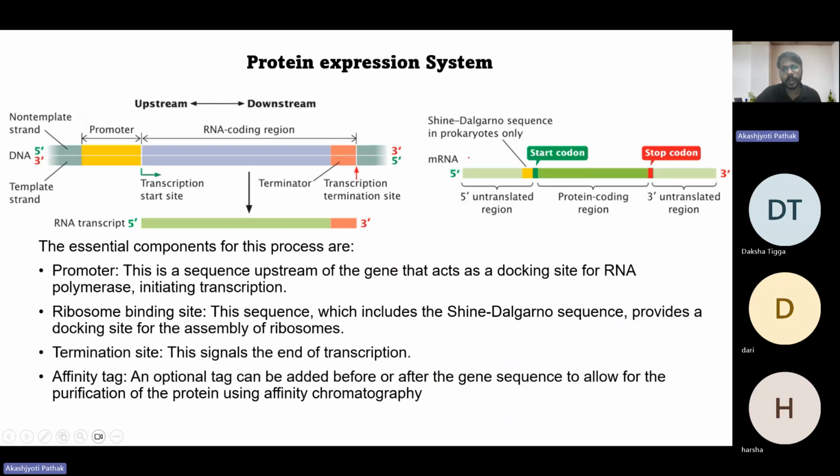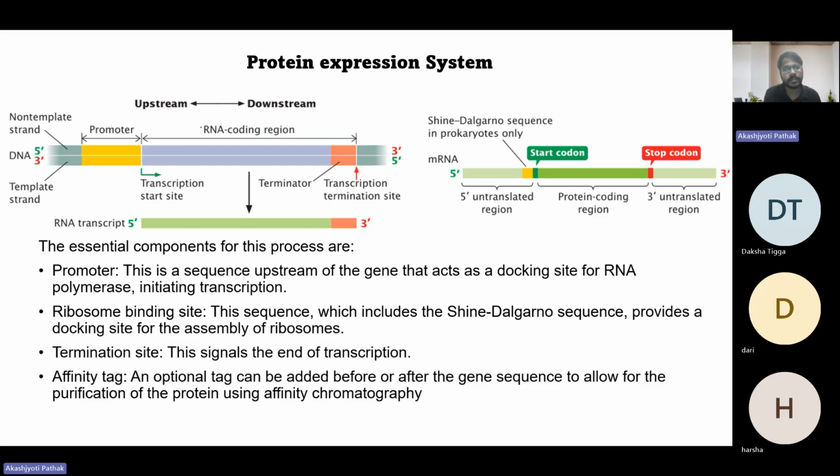Okay. So now let's see this figure, and let's understand what is this transcriptional unit that I was talking about. So this is your DNA. The transcriptional unit of a DNA will have a promoter.